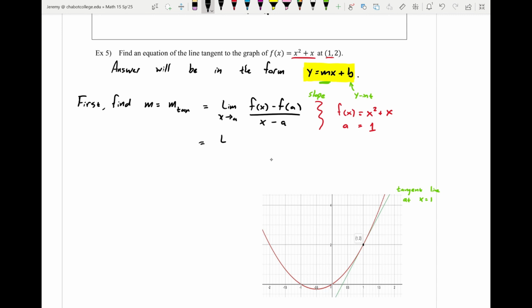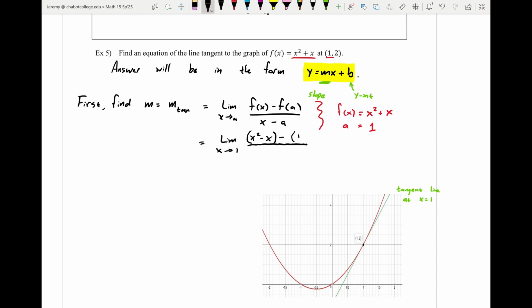So really, I'm looking at the limit as x approaches 1, right? Because a is equal to 1. Of f of x minus f of a, so that'll be x squared plus x, sorry, this should have been a plus sign up here, minus f of a. So a is equal to 1, so we just want to evaluate what is f of 1.